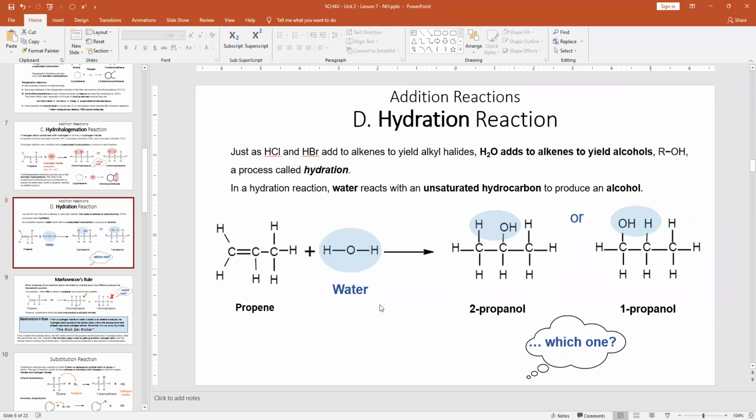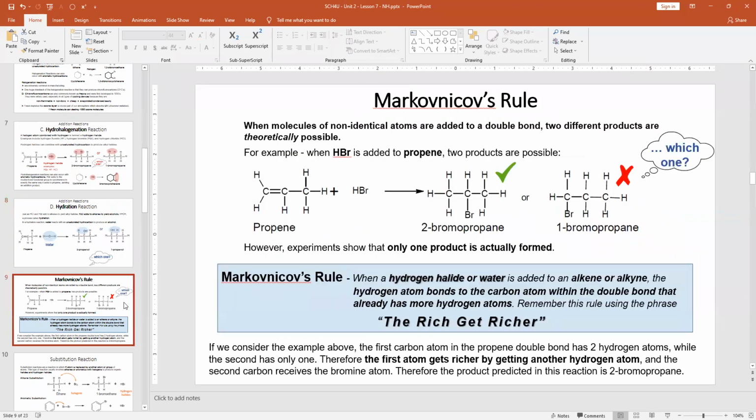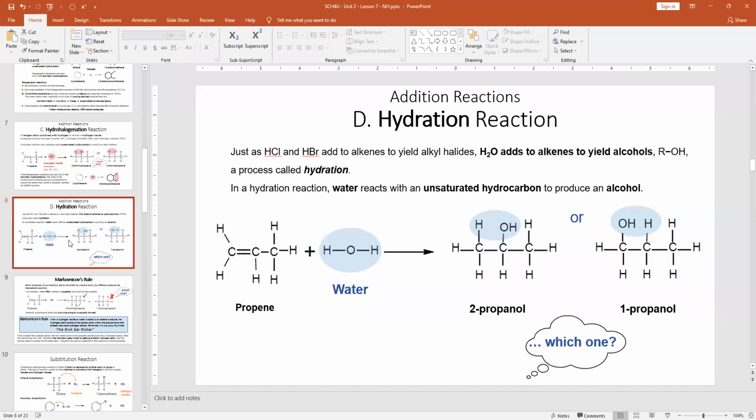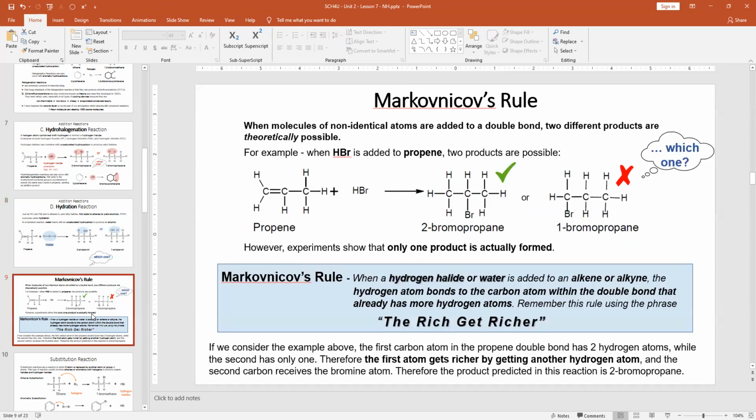As it turns out, there is a rule that can help us arrive at the answer as to which one of these products we get in a hydrohalogenation reaction and in a hydration reaction. And that is known as Markovnikov's rule.